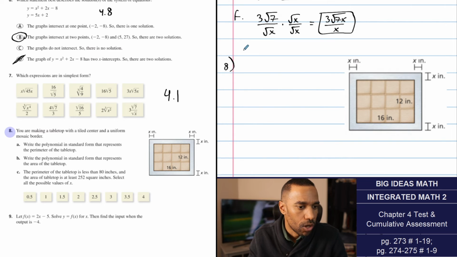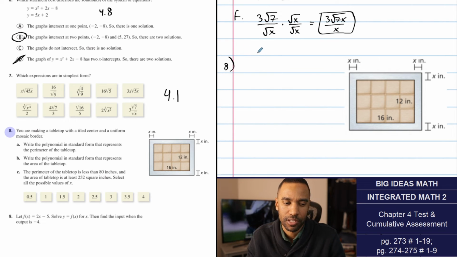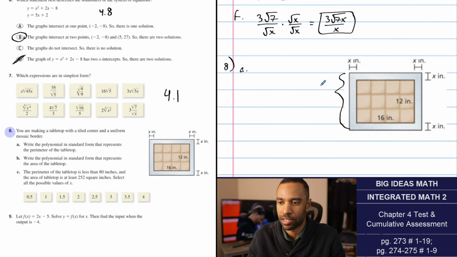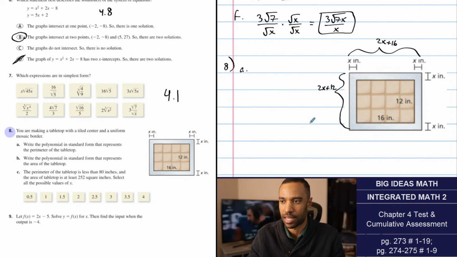Part A. Write the polynomial in standard form that represents the perimeter of the tabletop. Okay. So this whole length right here should be 12 plus that x plus that x. So I'm going to write 2x plus 12. This whole length here is going to be 2x plus 16 for the same reason. You got x's here plus that 16.